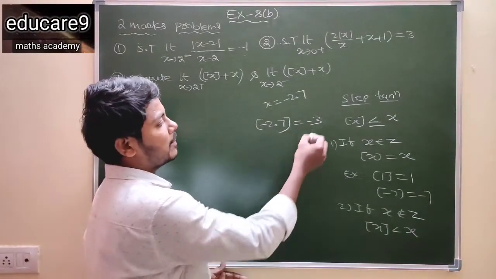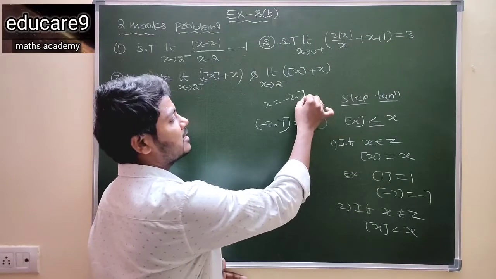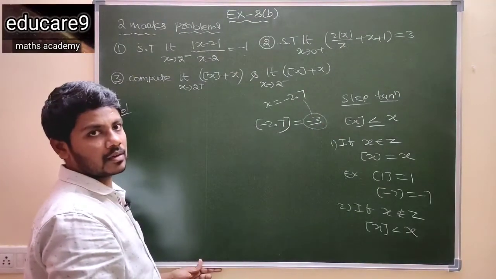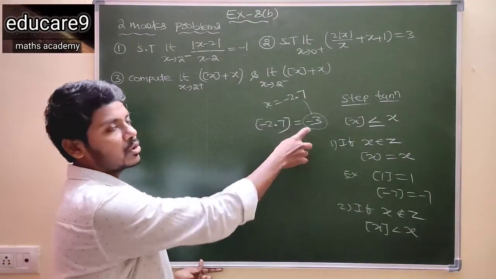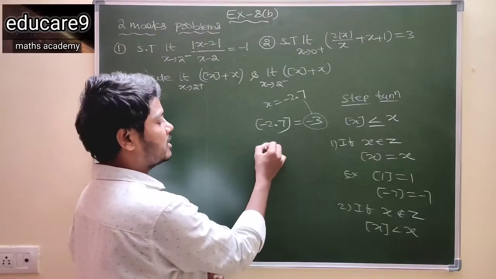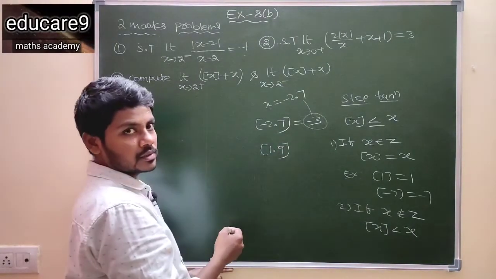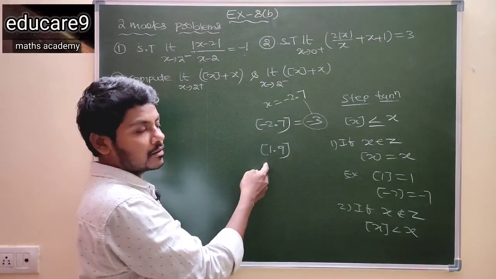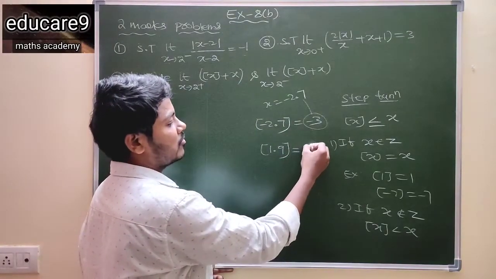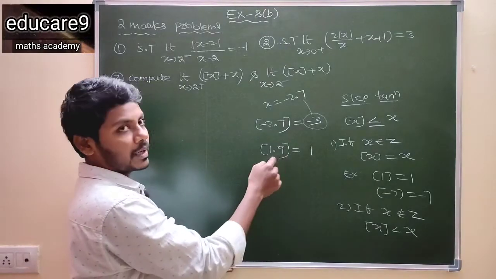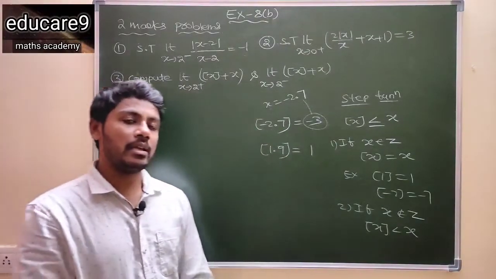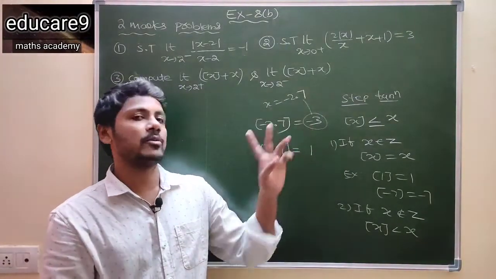Minus 3 is less than minus 2.7 and it is nearest to minus 2.7. For example, step of 1.9 is less than 1.9, so it means 1, nearest to 1.9. So this is the concept of step function.